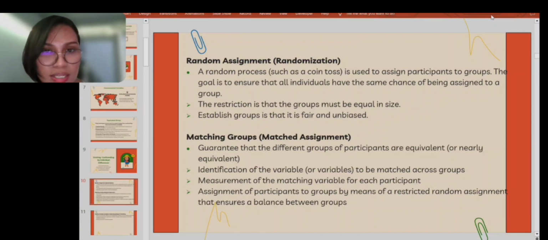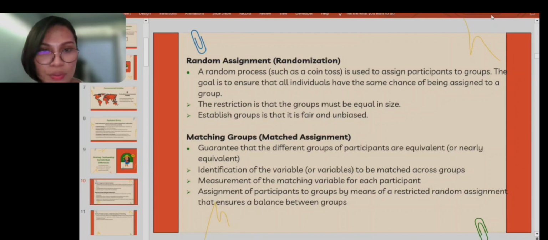So, yung restriction na is that the groups must be equal in size. So, by using randomization, it establishes groups that are fair and unbiased. However, random assignment is not perfect and cannot guarantee equivalent groups, especially when a smaller sample is used.